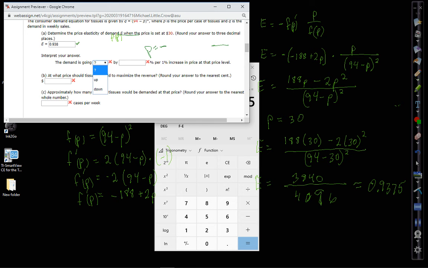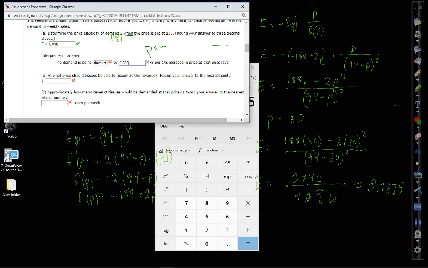Interpret the answer. So the demand, when it's inelastic, is going down by 0.938% for each 1% increase in price.